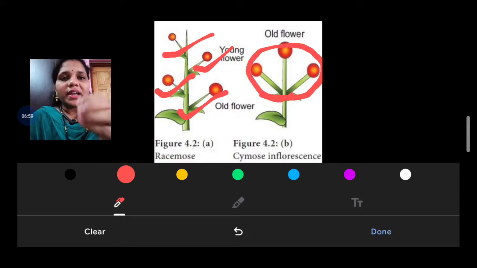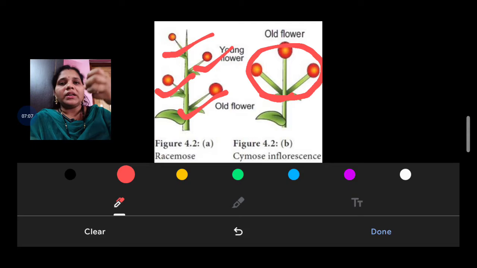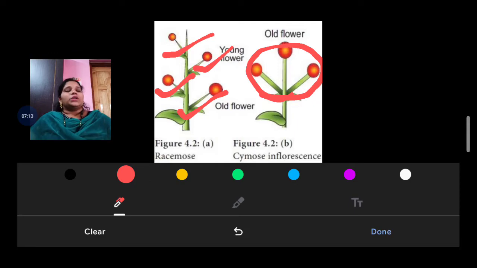The flowers arise from the basipetal succession or at the base. But here from the lower part it develops up to the tip. So this is all about the inflorescence.